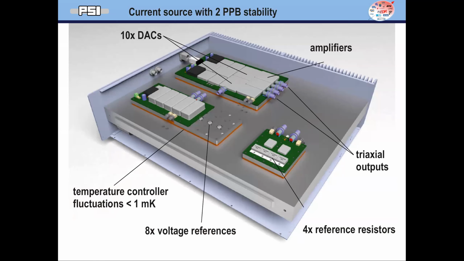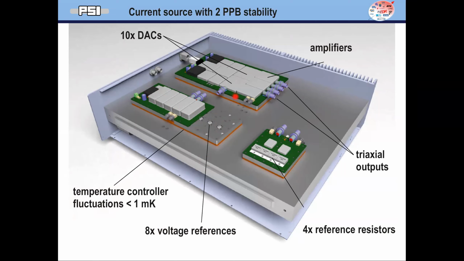And of course, if you want to be better than that limit, there's one way, and this is duplicating your components. And then you average over many components. And this is what we do here. So we have not only one voltage reference, but 8 voltage references, which then gives us square root of 8 better performance.